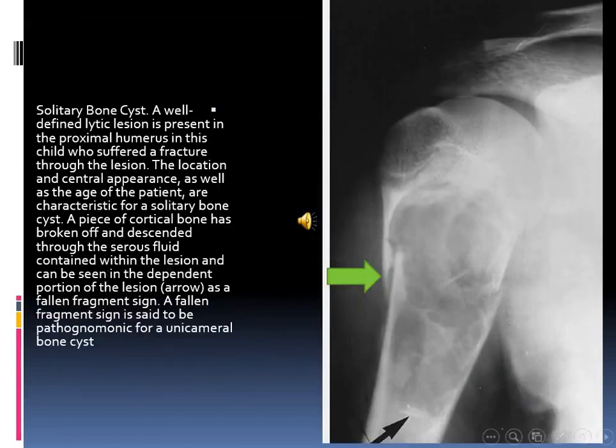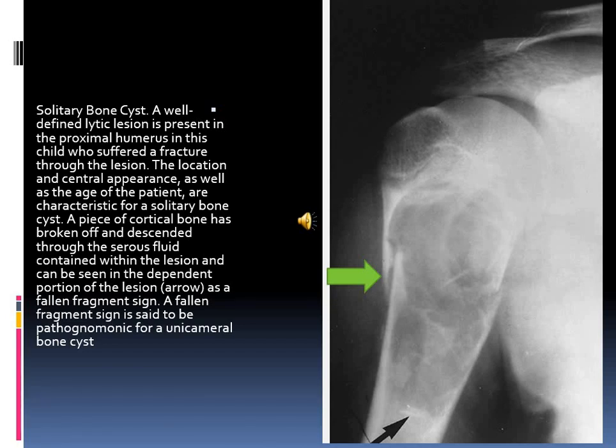Another example for the solitary bone cyst, as shown in this image, there is a well-defined osteolytic lesion seen in the metaphysis of the right humerus, and the lesion is associated with a pathological fracture as marked by the green arrow. Also, there is an important sign seen in this film, in which there is a dense fragment of bone seen in the dependent part of the lesion.